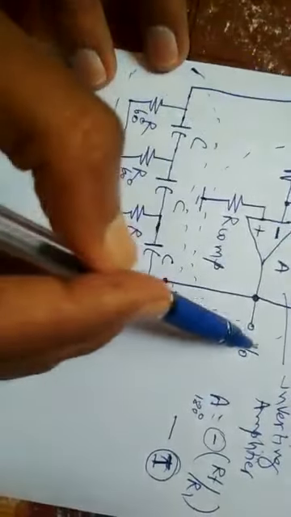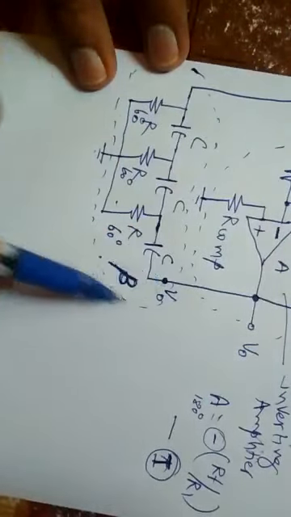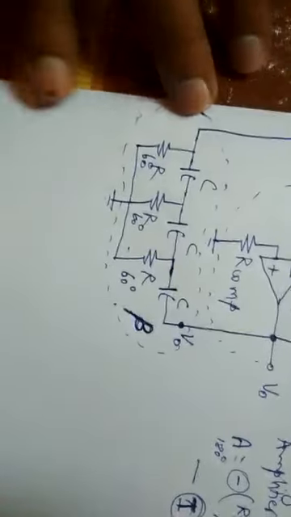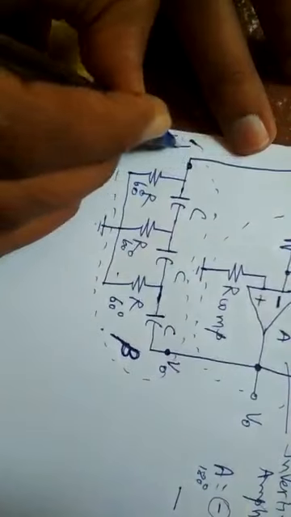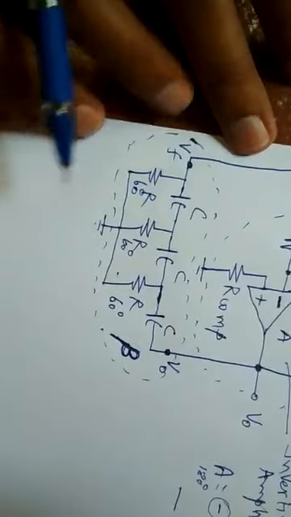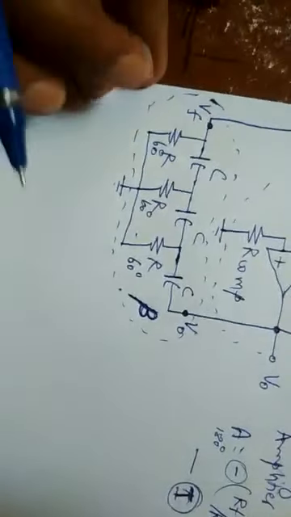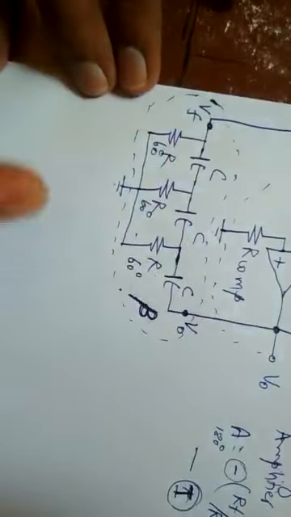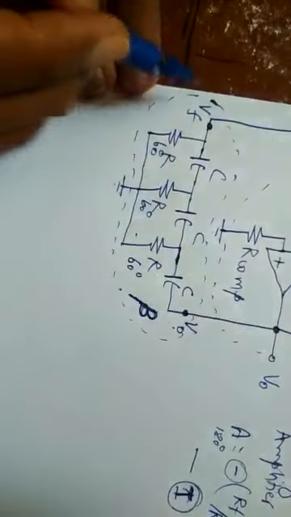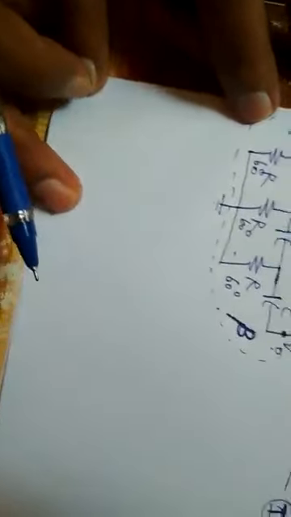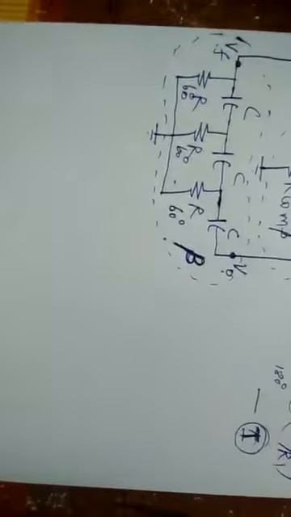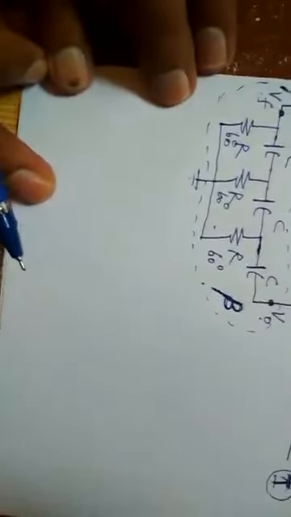So that output is fed back as an input to this feedback network, and the output of the feedback network is named as VF, feedback potential. So for this feedback network, the input is V out and the output is VF, and I'm going to draw this feedback path separately.